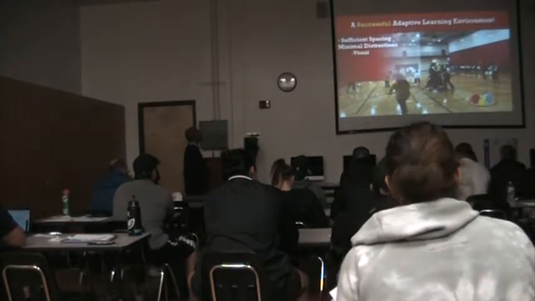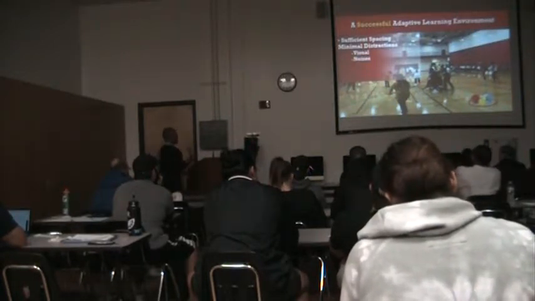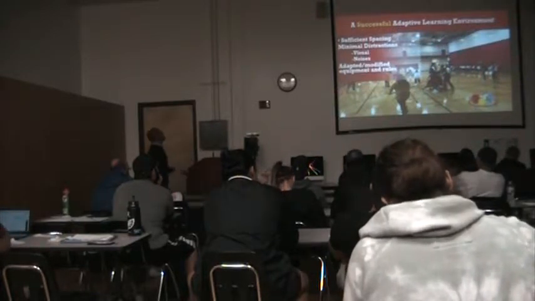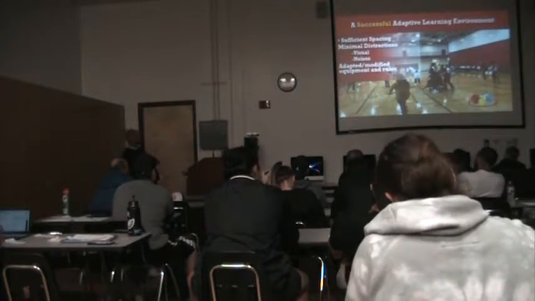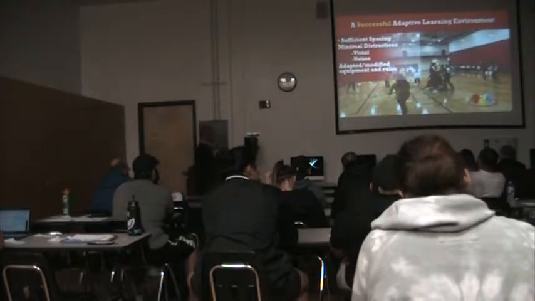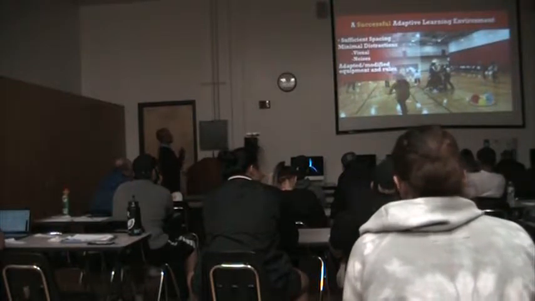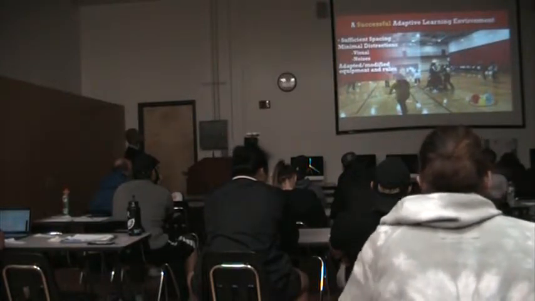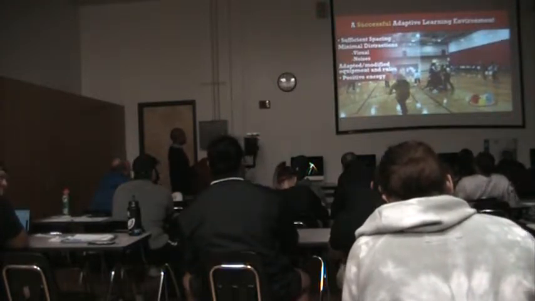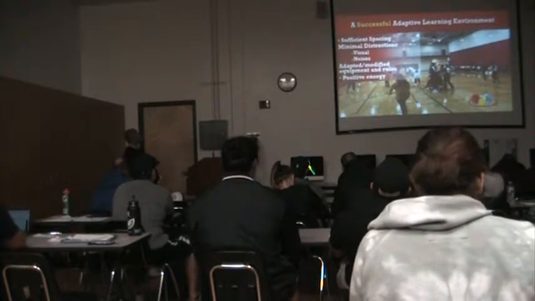So you need to watch out for anything that's going to be in the way visually, and also noises, loud music, loud noises. And then of course, as we all know, we want to be able to adapt and modify the equipment and the rules. You can see there, we have a variety of balls, different sizes and textures. And you also want to have positive energy. Both adaptive or regular PE, you want to have that positive energy, be upbeat.